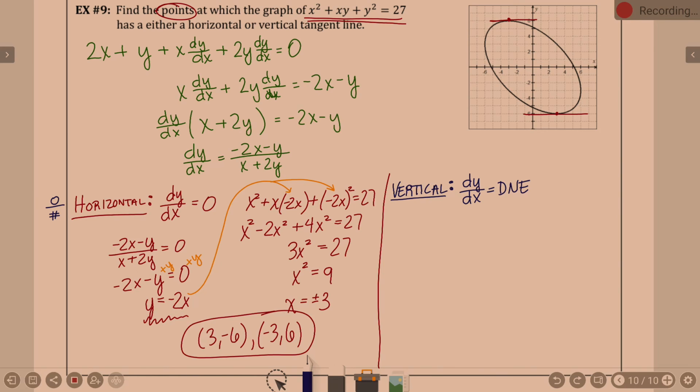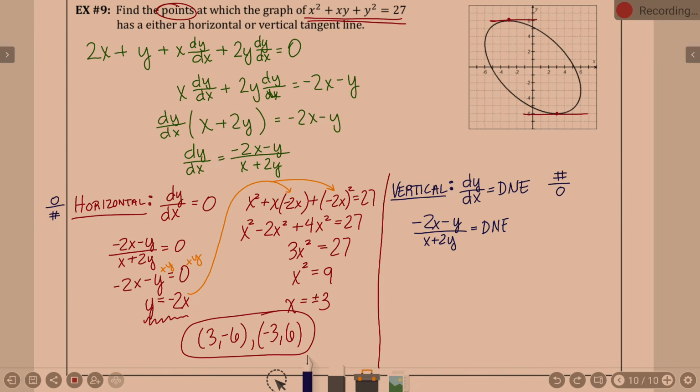Okay, so it's DNE, but the idea here is that this is some number over 0. So based on our slope right here, our problem was negative 2x minus y over x plus 2y. We're trying to figure out where that does not exist. So what do we have to do now?